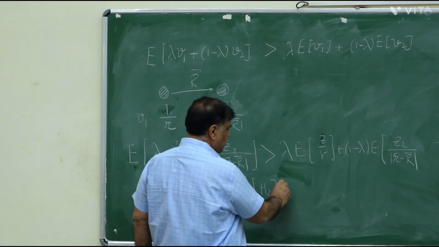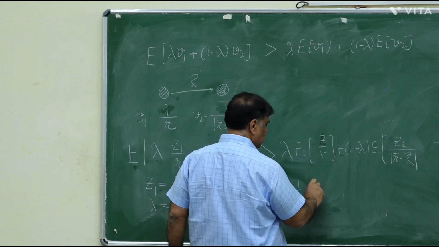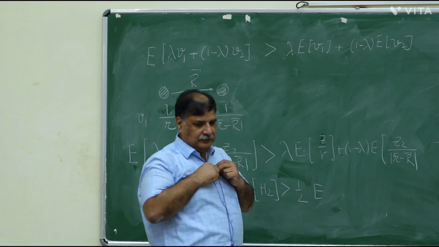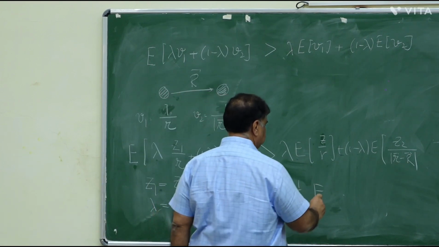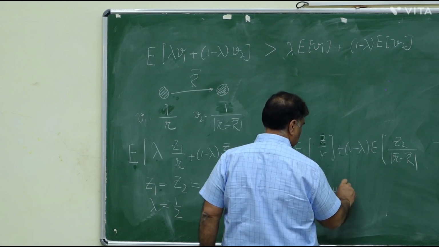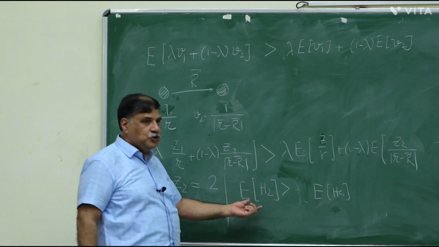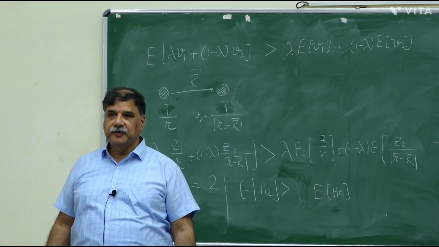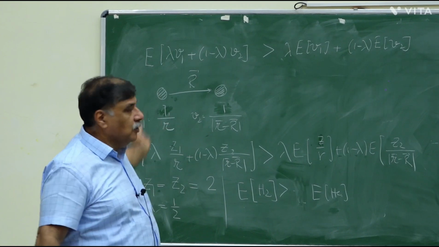It's going to be greater than 1/2 of the energy of helium plus 1/2 energy of helium. So H2 energy is always going to be greater than energy of helium. Okay, without calculating, without anything, just from the concavity properties.